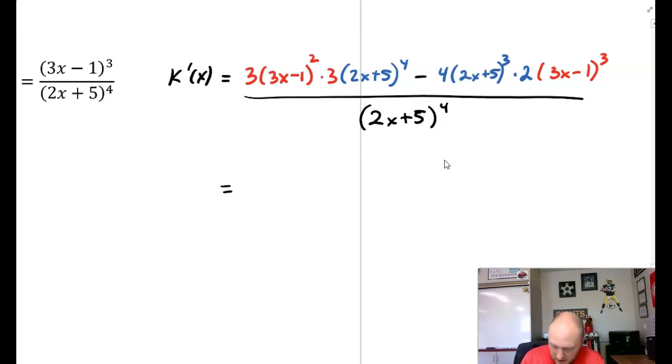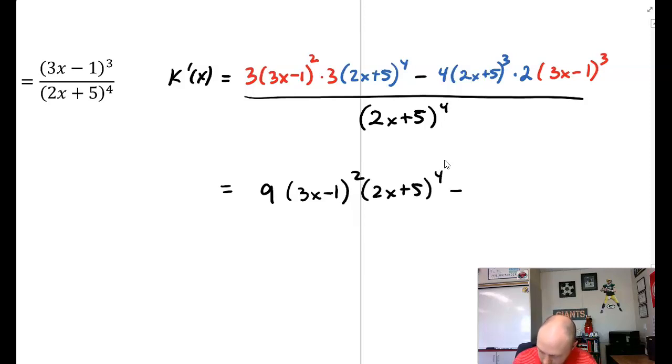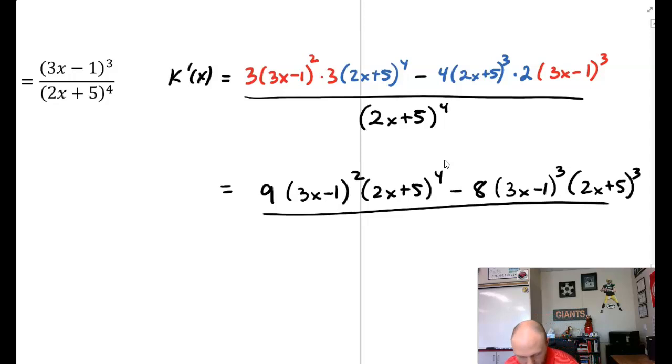Okay, and we'll go ahead and clean this up. 3 times 3 gives us 9 times 3x minus 1 squared times 2x plus 5 to the 4th minus 8. For the sake of consistency, I'll put this together, times 2x plus 5 cubed. Okay, and oh, I forgot, the denominator is squared, all over the bottom squared.